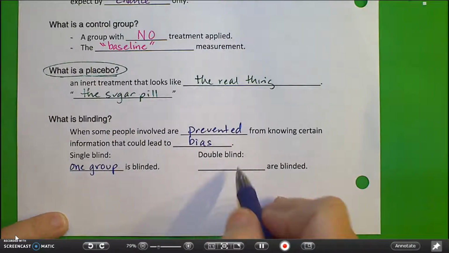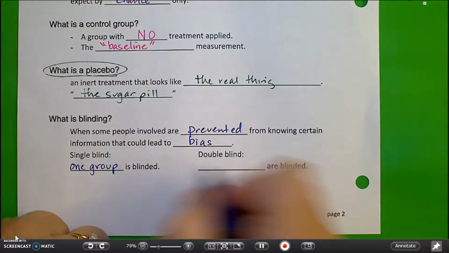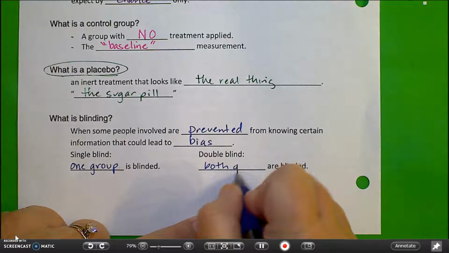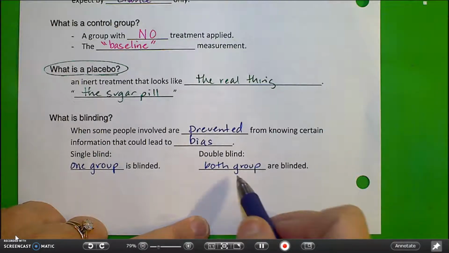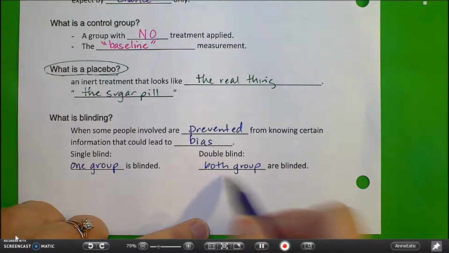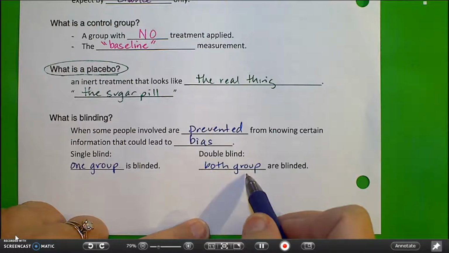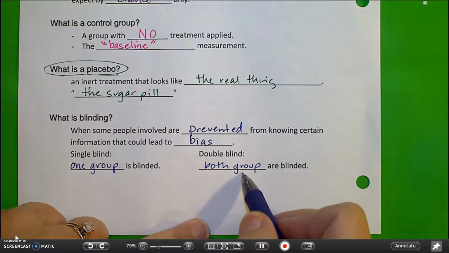A double-blind study would be where both groups are blinded, and what I mean about both groups would be this. In an example of a medical study, the subjects would be blinded from knowing what medication levels were received.